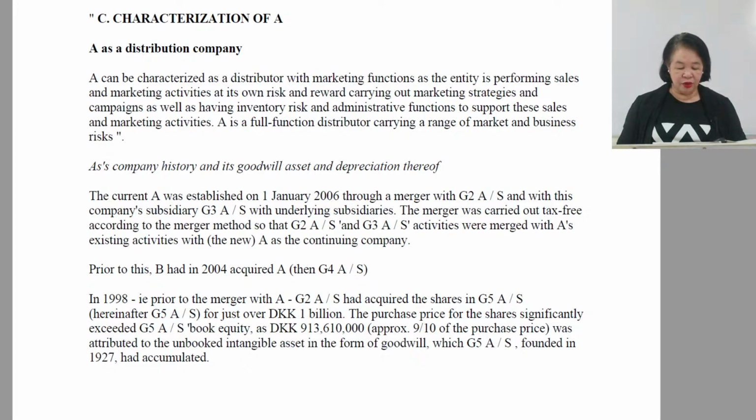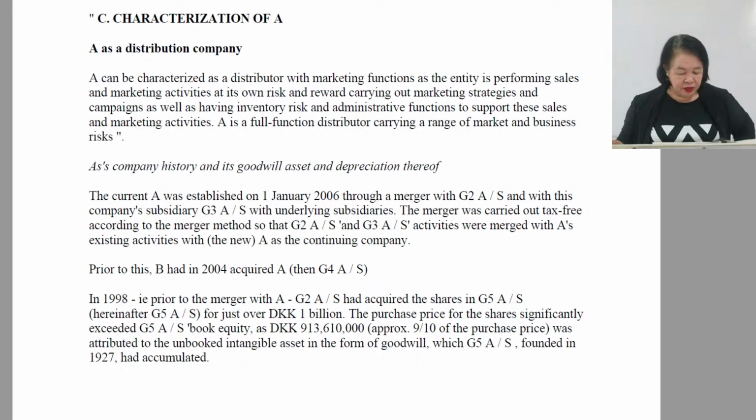Oh? So A is a full function distributor carrying a range of market and business risk. No? So yun yung full function distributor. No? So meron siyang market and business risk.